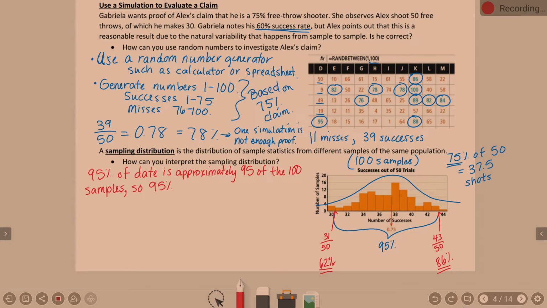So 95% of the data falls between 31 and 43 successes, which is 62 to 86%.